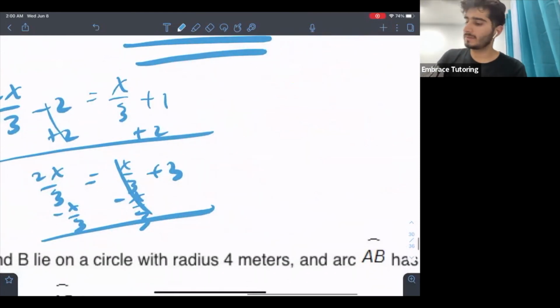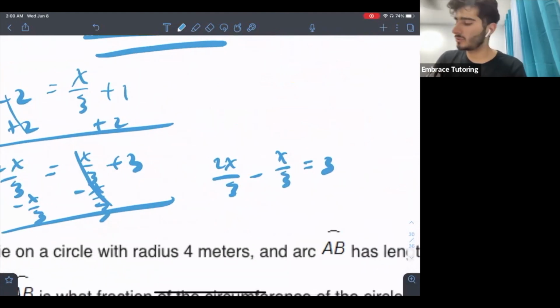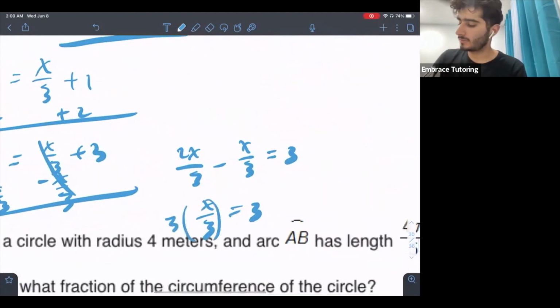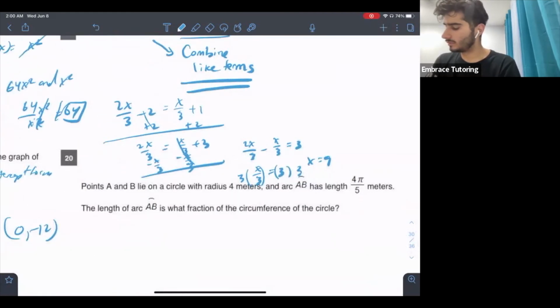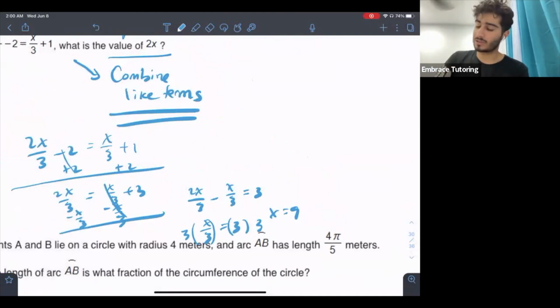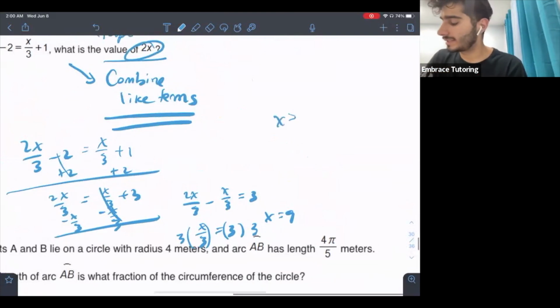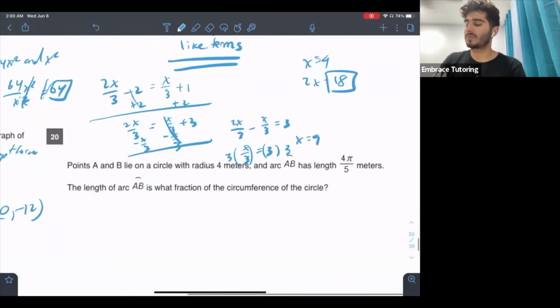The denominators are the same, so you would do 2x minus x to get x over 3 is equal to 3, and then multiply everything by 3 on both sides to get x is equal to 9, right? But you don't stop there because the question is not asking for the value of x, it's asking for the value of 2x. So since x is equal to 9, 2x would equal 18. That is your answer for 19.